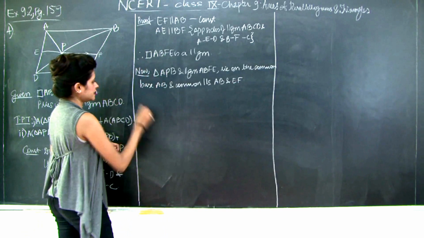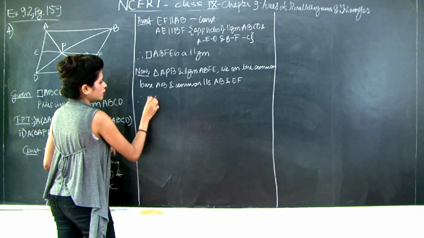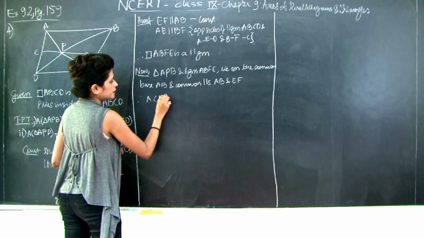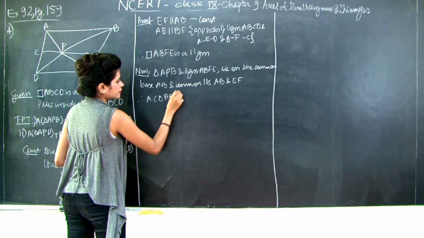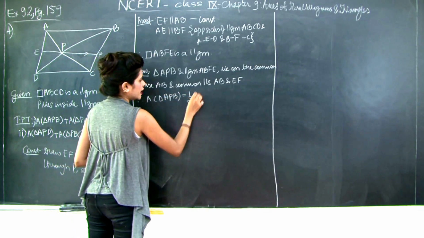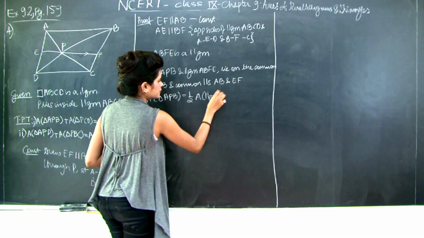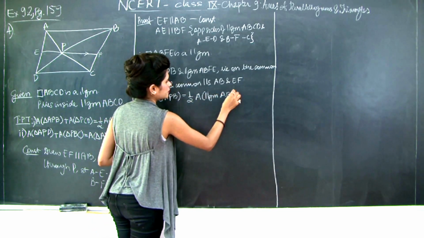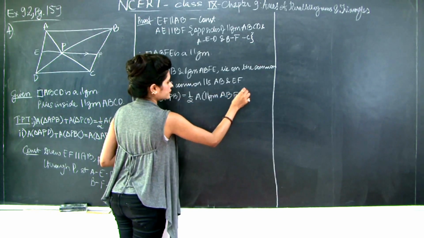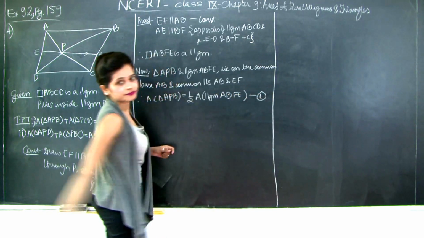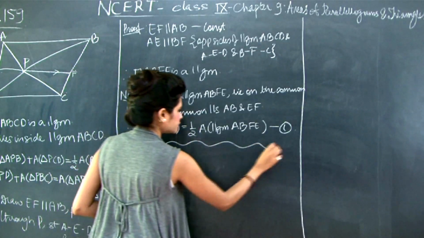Therefore, what can I say? That the area of triangle APB is equal to half the area of parallelogram ABFE. Let's mark this statement as 1.